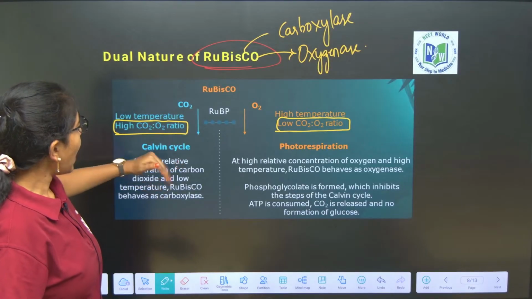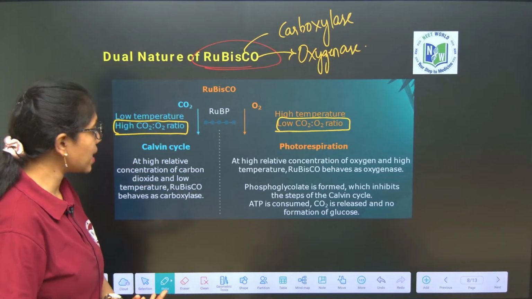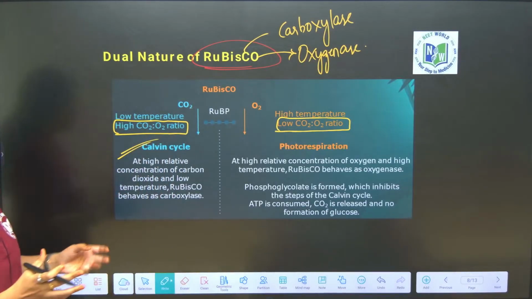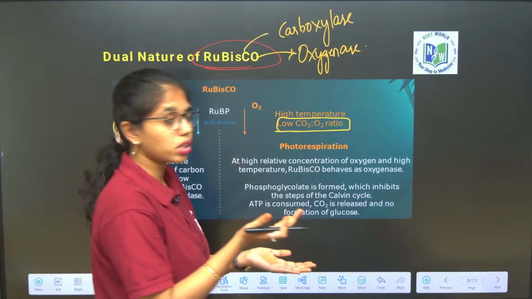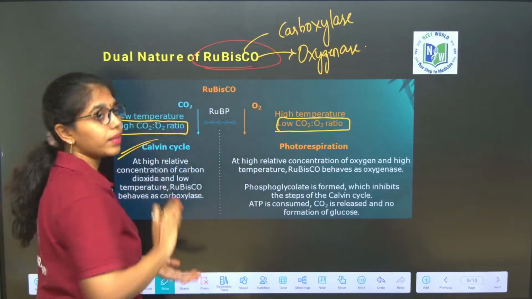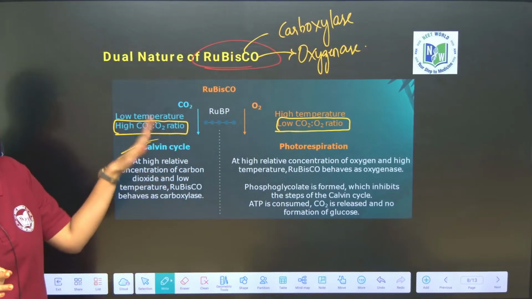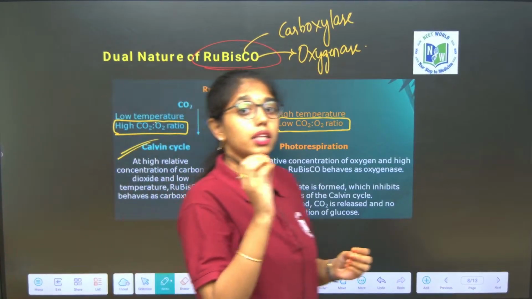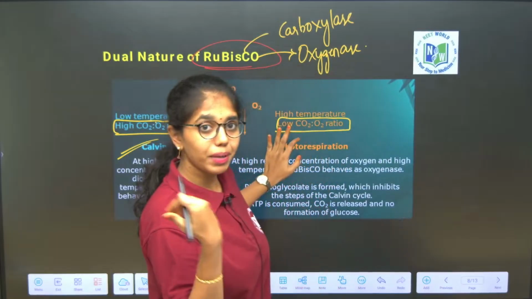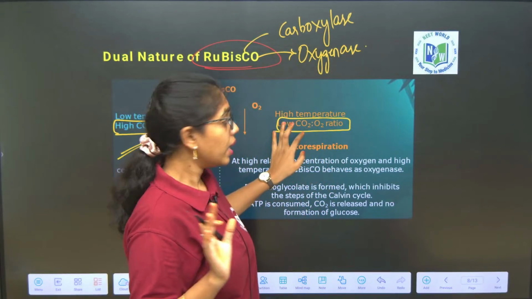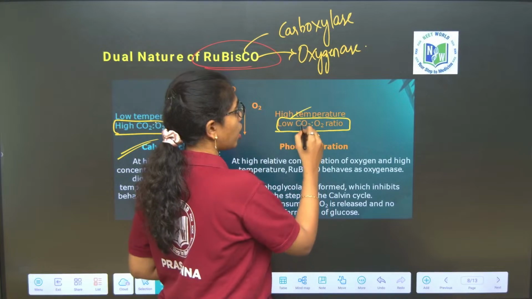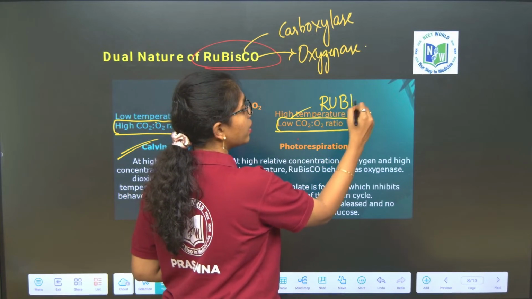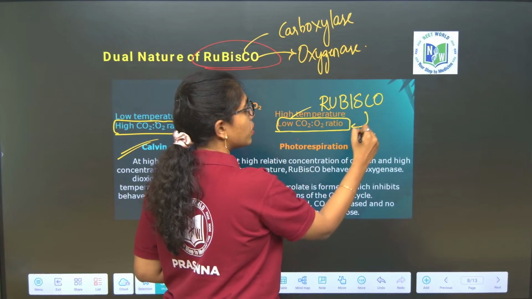So at low temperature, when the carbon dioxide to oxygen ratio is high, the Calvin cycle usually operates, because there is high carbon dioxide and oxygen. Definitely Rubisco will bind with carbon dioxide only, and that will run what? Calvin cycle. But when there is high temperature, the solubility of carbon dioxide changes, so that Rubisco, instead of binding with carbon dioxide, binds with what?